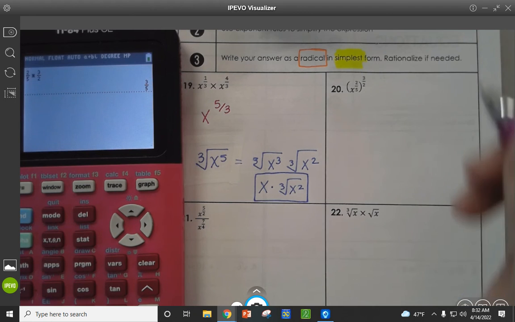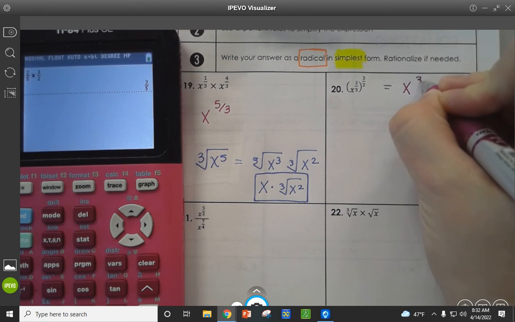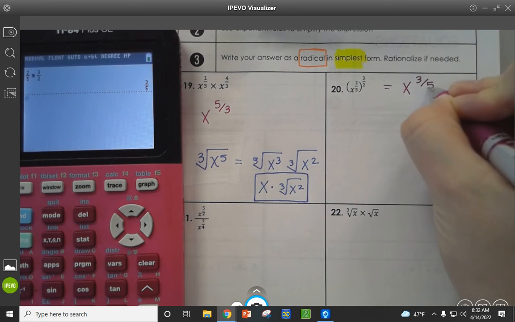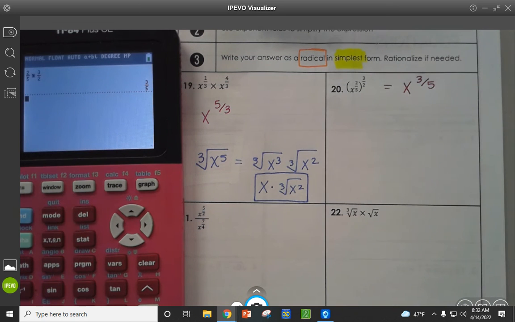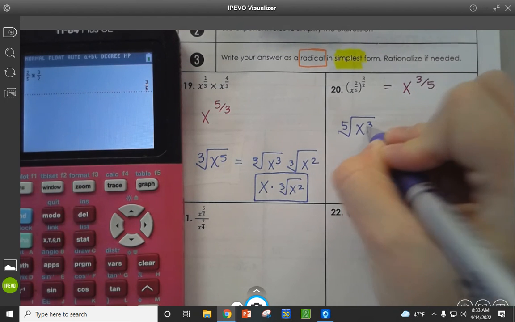So this would be x to the 3/5. And how do I write that in radical form? Yes, 5th root of x to the 3rd.